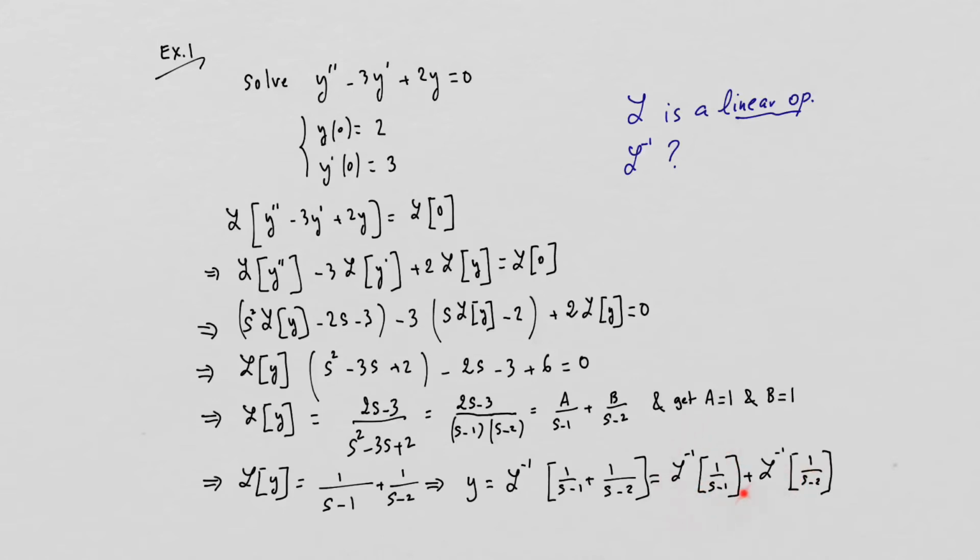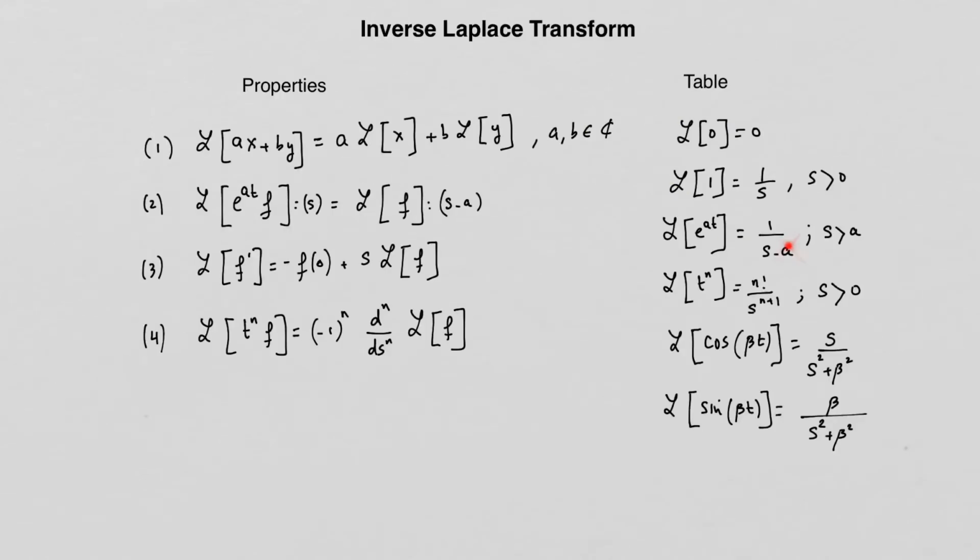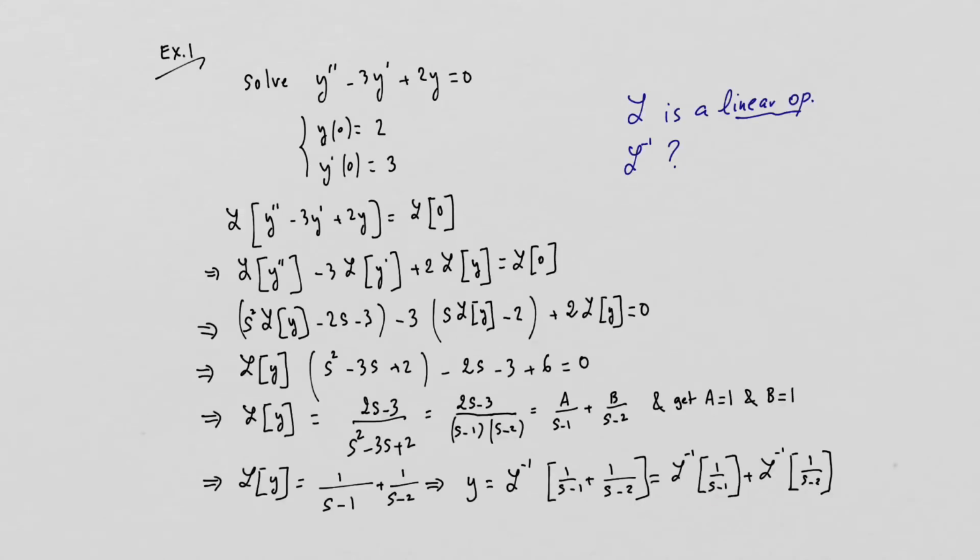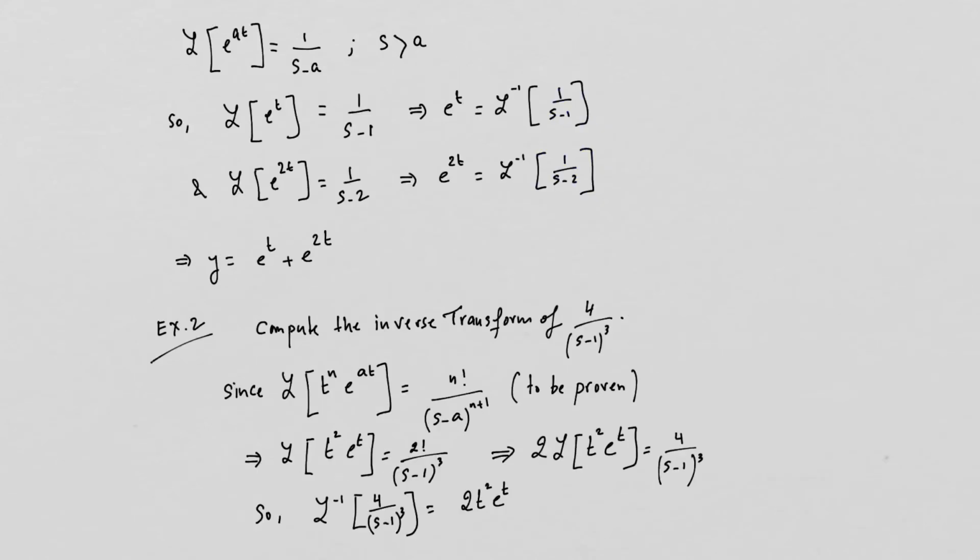Now we know what this is, and we know what that is, so that's going to be e to the 1t, and this is going to be e to the 2t, right? Since we know Laplace of e to the t is this for s more than a, e to the t is the inverse of that, which is exactly what I'm looking for. The same thing here, and therefore here are my two functions, and done.